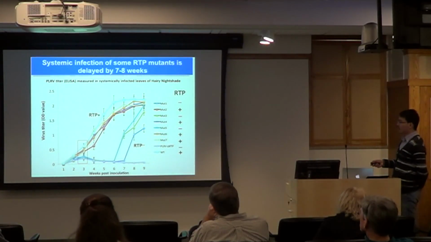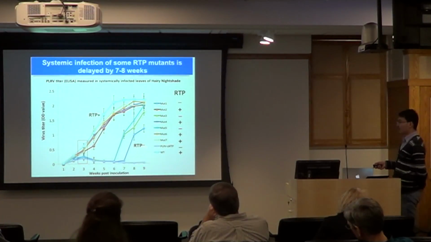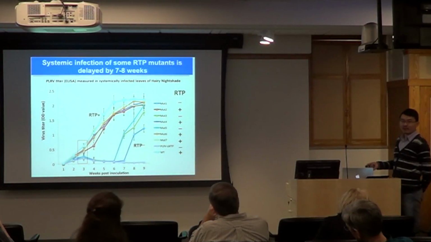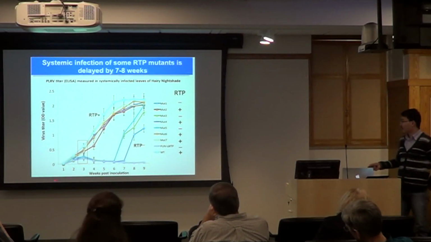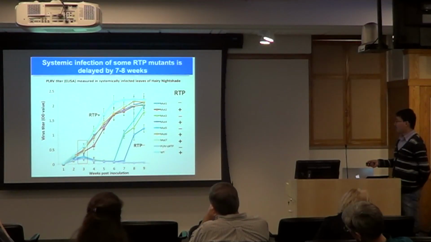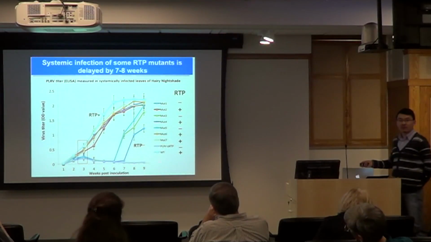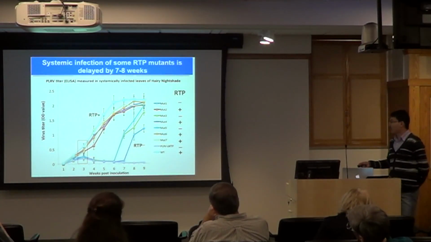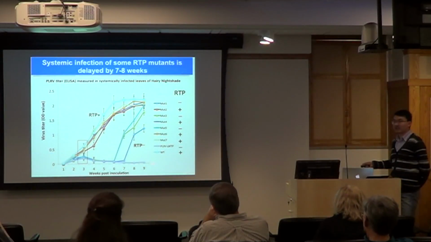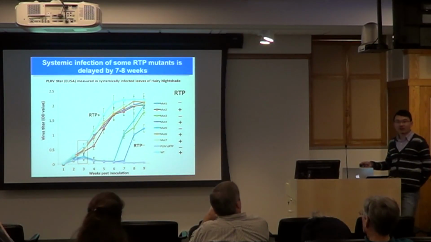However, with RTP translation, the viral titer increased over time. However, without RTP expression, the viral titer decreased from 3 weeks post-inoculation. For example, with the delta RTP mutant, you can see the titer always decreased to a very low level.